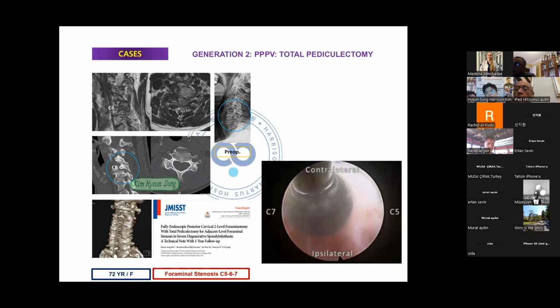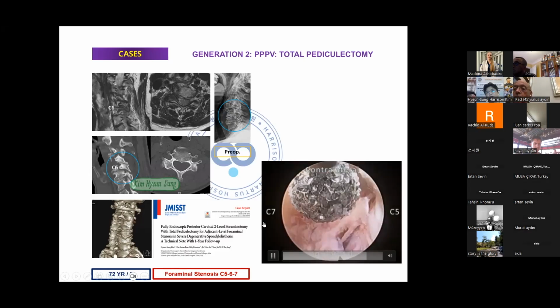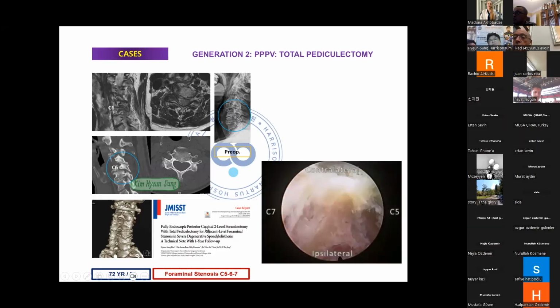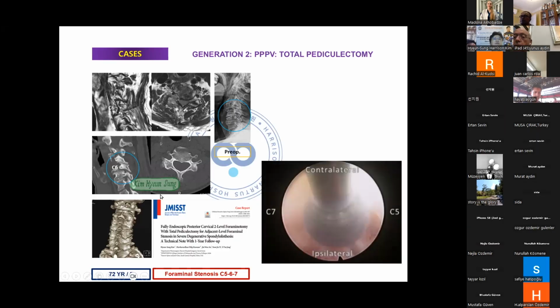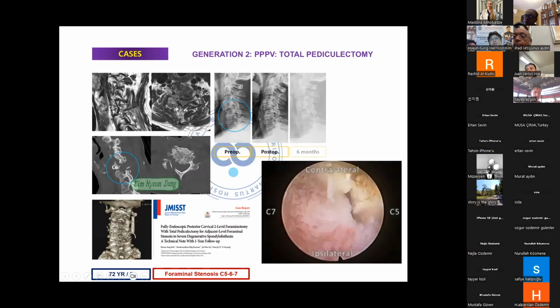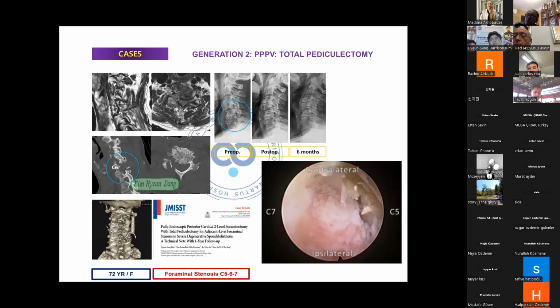Around the pedicle, the upper point is C5-6, the caudal point is C6-7. Yeah. Then the 2-level decompression was done, and the patient's pain is gone completely, and she was followed for more than 3 years. Still no pain.